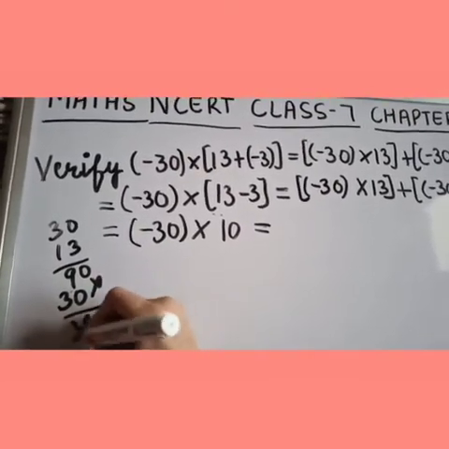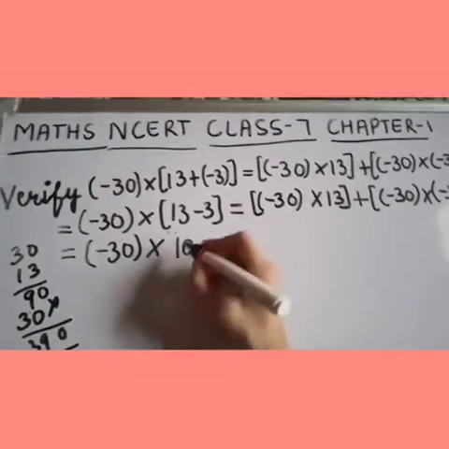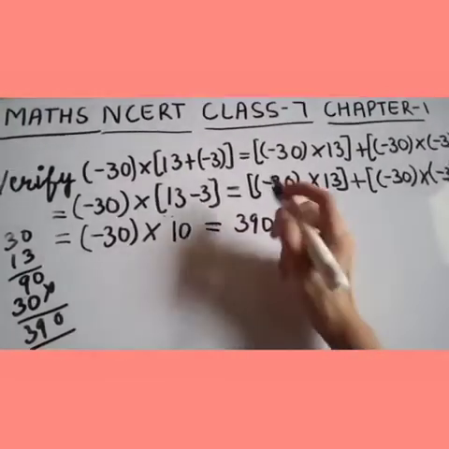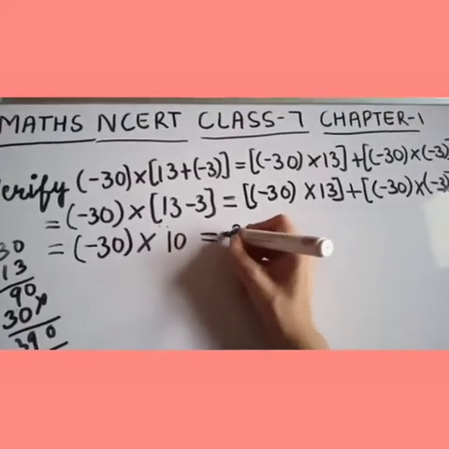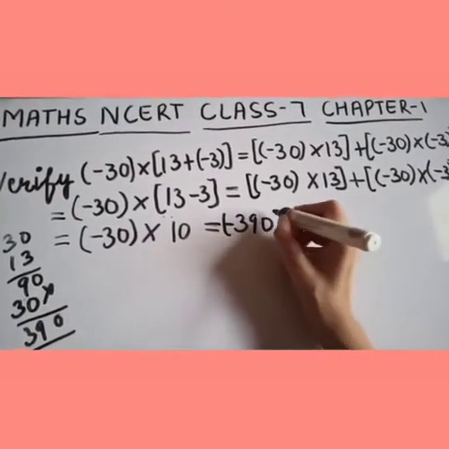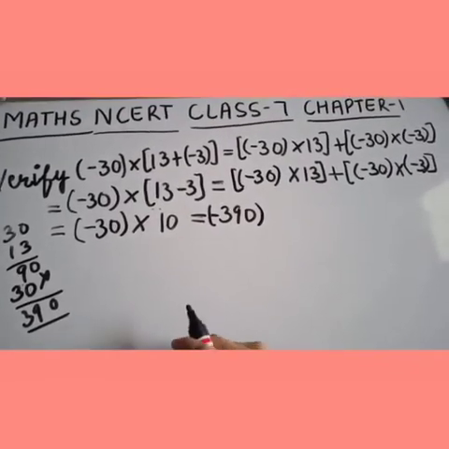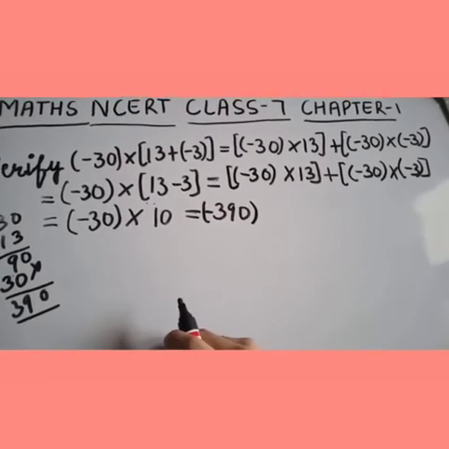So the answer comes out to be 390. Minus plus is minus. And you will put the round bracket. As you know, whenever we have a negative number, you have to put a bracket around it.